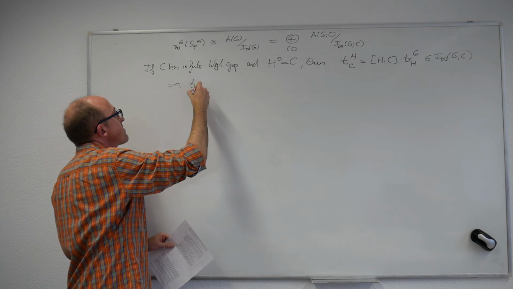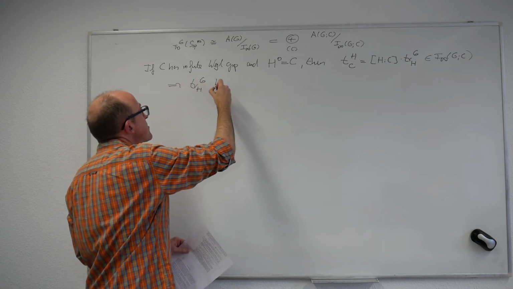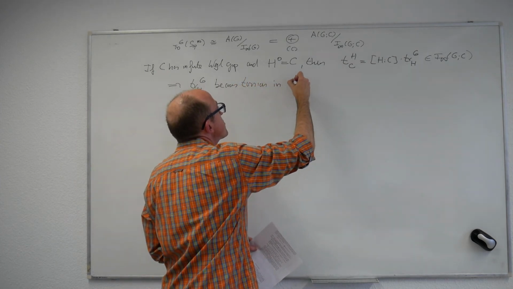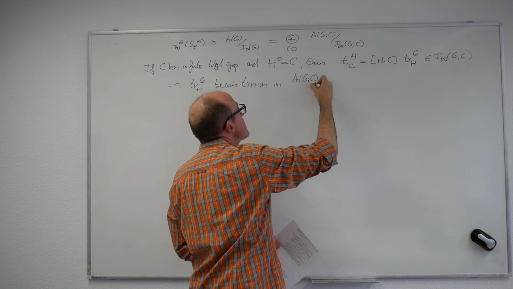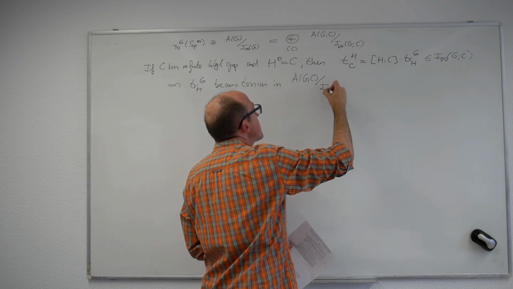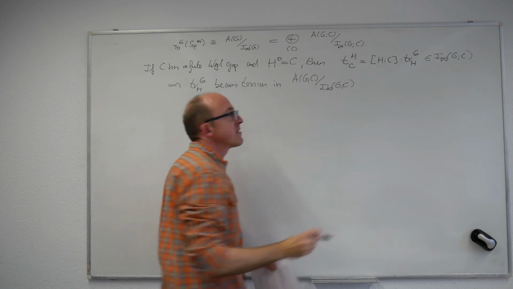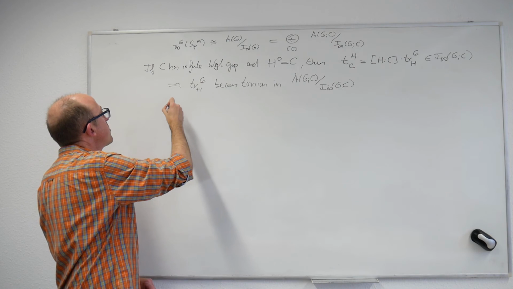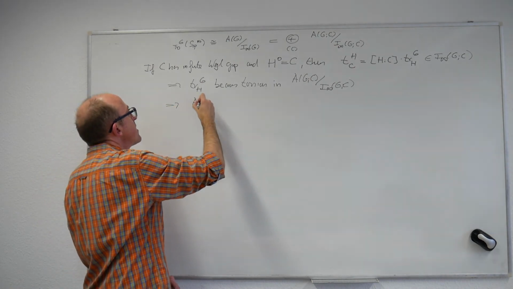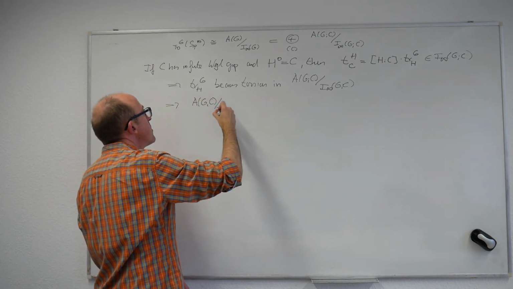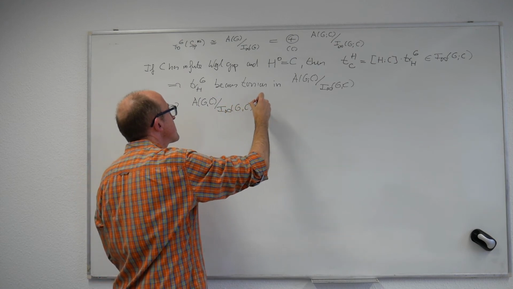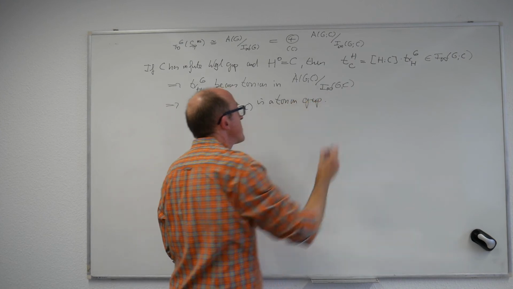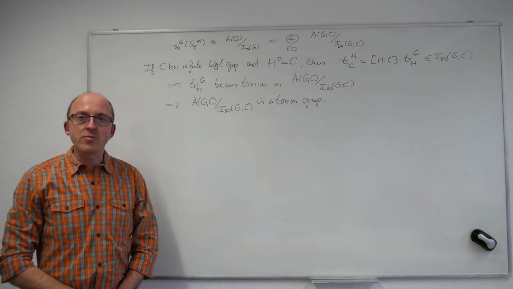So the class of the transfer from H to G becomes torsion in the quotient A(G, C) modulo I infinity(G, C). And since this holds for all H that have C as their identity component, we conclude that this group A(G, C) modulo I infinity(G, C) is a torsion group. That's what happens if the connected subgroup C has infinite Weyl group.